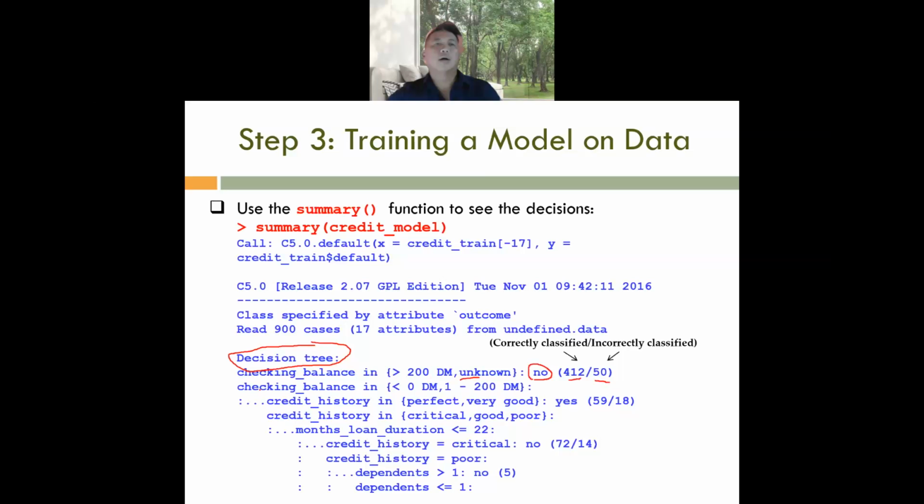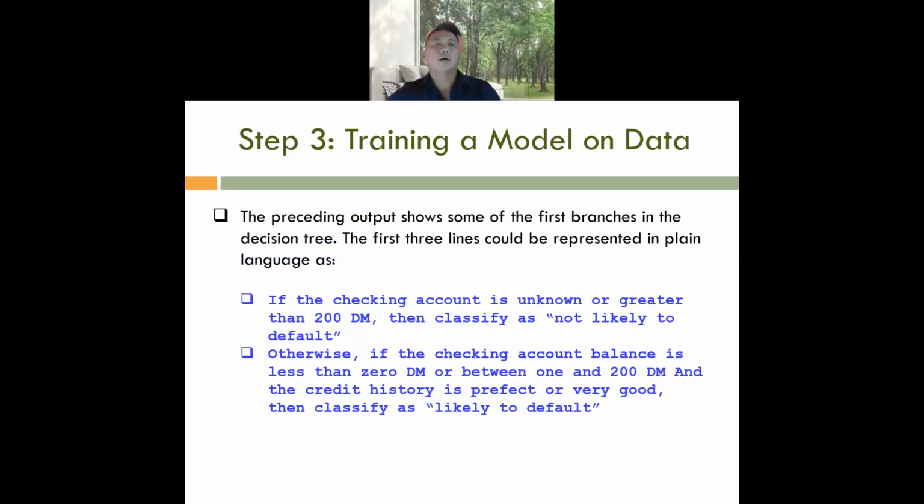And here, if your checking balance is less than 0 or between 1 and 200, and also your credit history is perfect, very good, meaning that default no, default yes, meaning that you wait, maybe I have the picture.